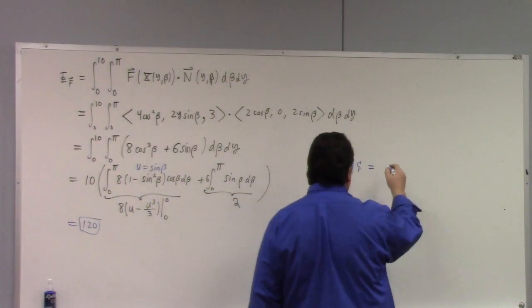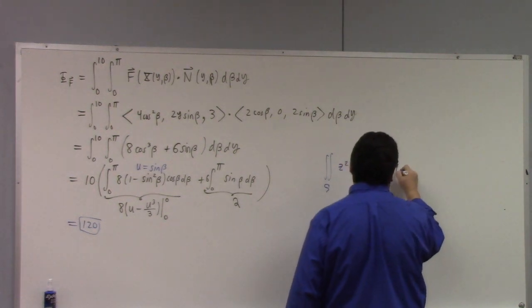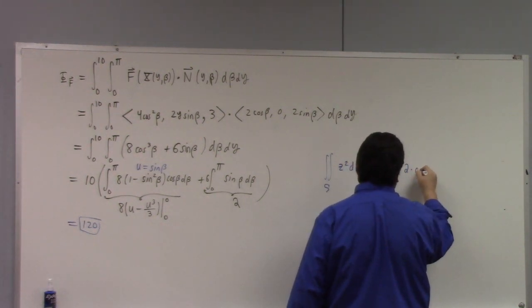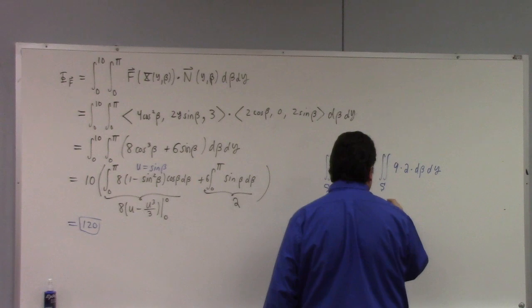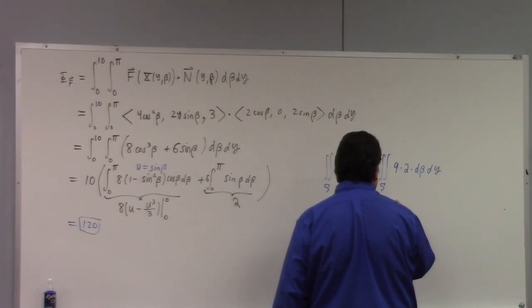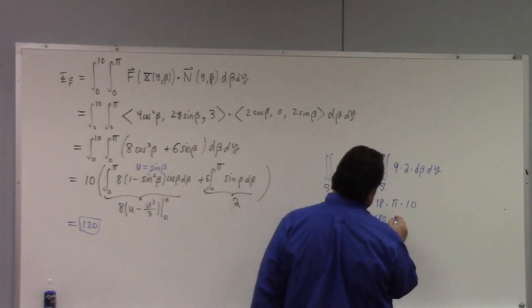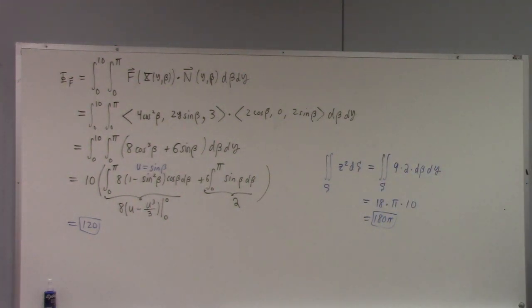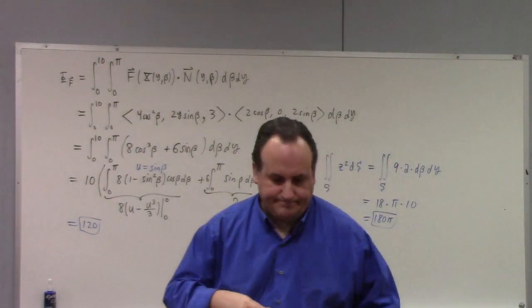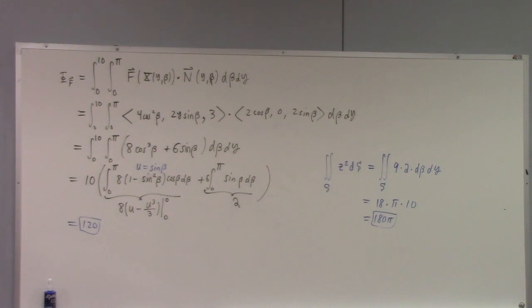So this would literally just be the integral over S of, well, this z squared would be 9, dS would be 2 d beta dy, and so the answer would be 18 times pi times 10. It would be 180 pi. Wait a minute. Yeah, 180 pi. I'm just saying, once we've set up the flux integral, we can set up the scalar surface integral by just taking magnitude and integrating.